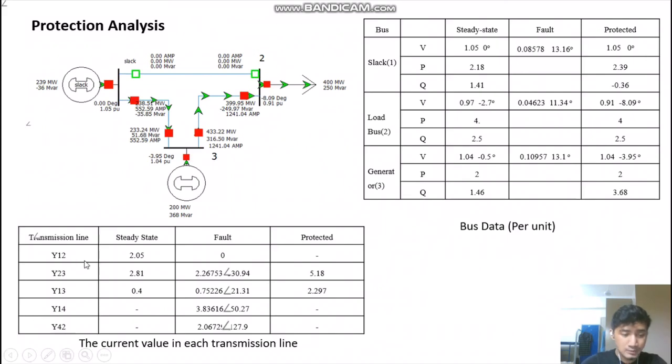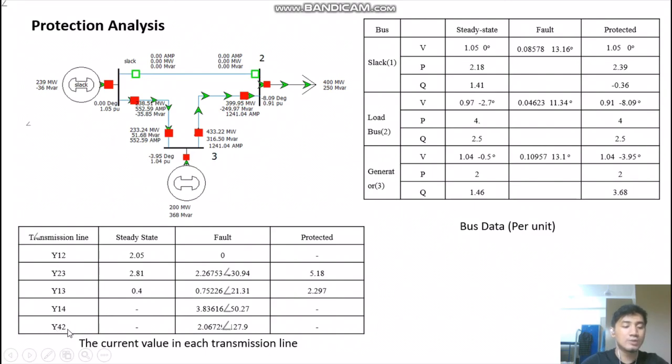Next, transmission line Y14. In steady state there's no fault on the bus, so the current is 0, but during the fault there is current, 3.83616. After protection it becomes 0 again because the fault is cleared.